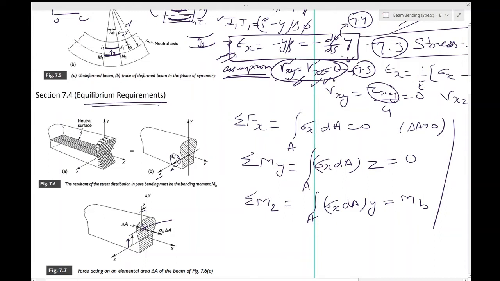So this is an approximation which we make, and we have made in the last case as well, when we assume this y to be the same as this y, which was in the undeformed case.